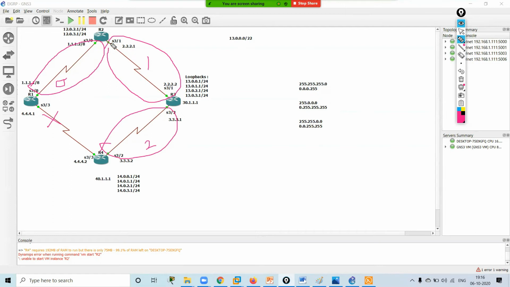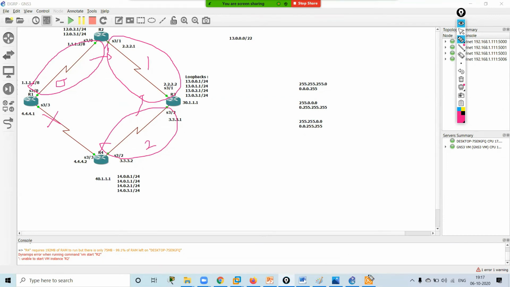So no traffic will be passing from this area to area 0, or coming from area 0 to area 2. There will be no connections between these two areas. Area 2 will not have any connectivity with area 0 or area 1. So there are some possible solutions.